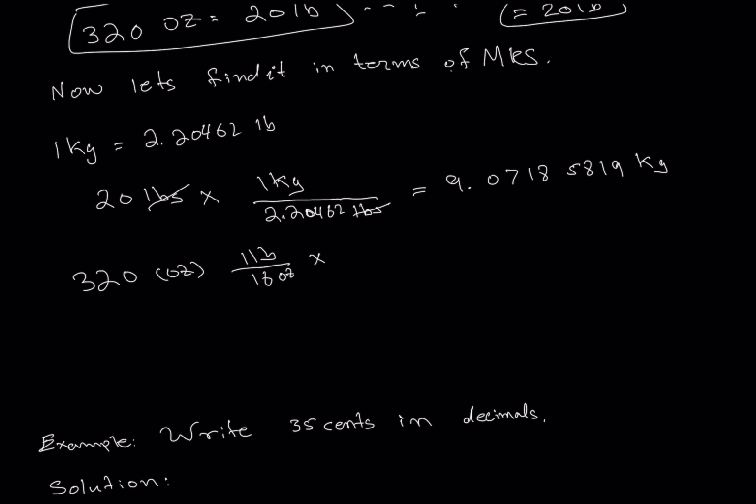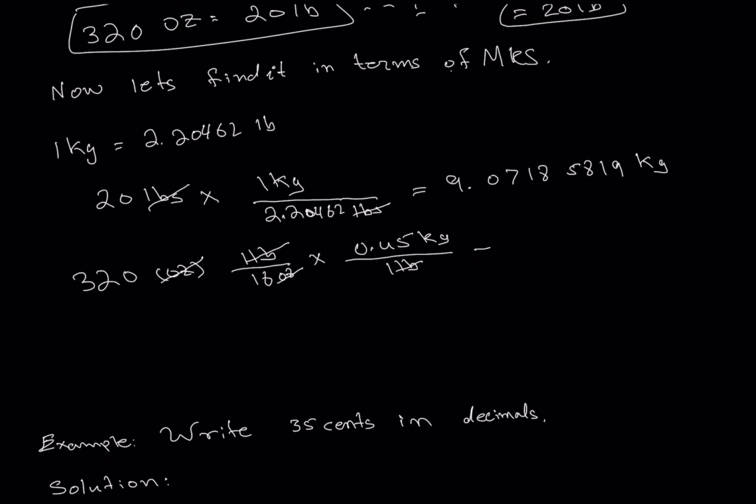The second fraction is 1 pound is equal to 0.45 kilogram, so 0.45 kilogram over 1 pound. Pound cancels out with pound, ounce cancels out with ounce, and then we do the multiplication. 320 divided by 16 times 0.45.